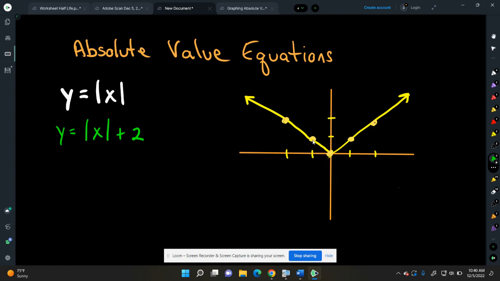When we add a number to the base function, that's your basic absolute value, it shifts every value up 2 units. So instead of (0, 0), this vertex, this is called the vertex, it's going to be up here at (0, 2). Instead of (1, 1), it'll be (1, 3). Everything moves up 2 units.